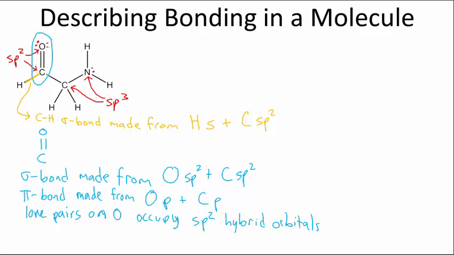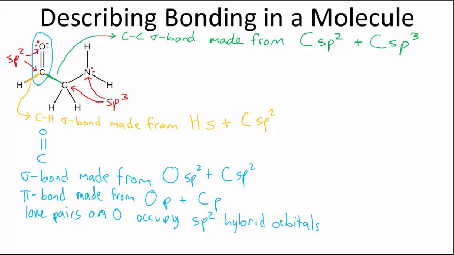Making a bond to the other carbon. All right, so this green bond we could say is a CC sigma bond. What two orbitals make it? A carbon sp2 orbital and a carbon sp3 orbital. Because those two carbons have different hybridization.